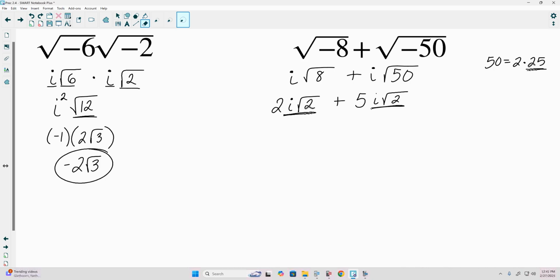Now, since both of these have i square roots of 2, we can actually add these together, giving us 7i square roots of 2. That is our answer. Questions on this here?